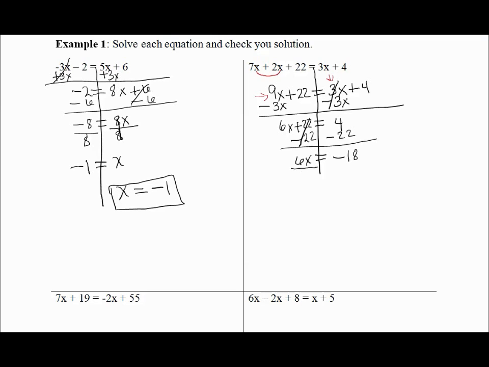So now I need to divide both sides by 6 because I have to get rid of that coefficient. The 6's cancel out. Bring down what you have left, which is x. Bring down your equal sign. And negative 18 divided by 6 will give me a negative 3. And that's my final answer on that one.